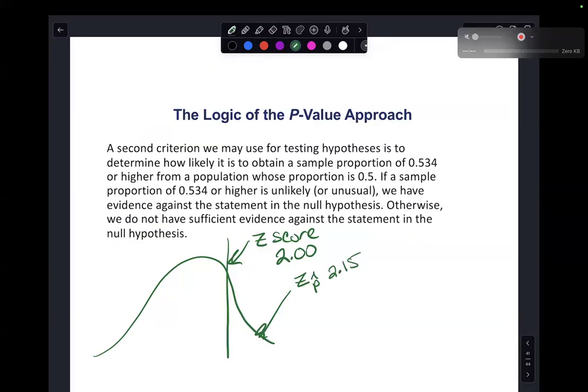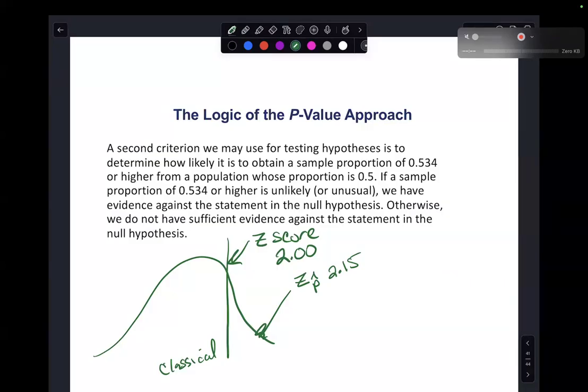So I'm comparing z-scores, the classical approach. The z-score for my p hat is farther than the z-score of 2 that we agreed upon was the edge of my confidence interval. Since it is farther away, we reject the null hypothesis.